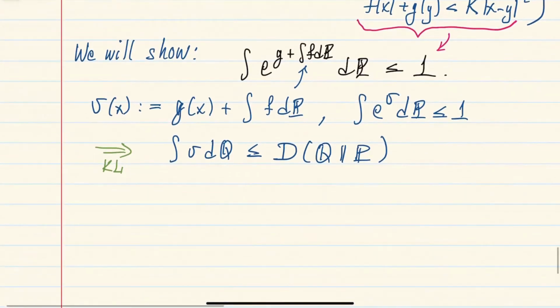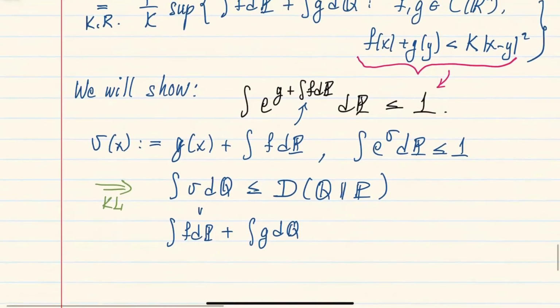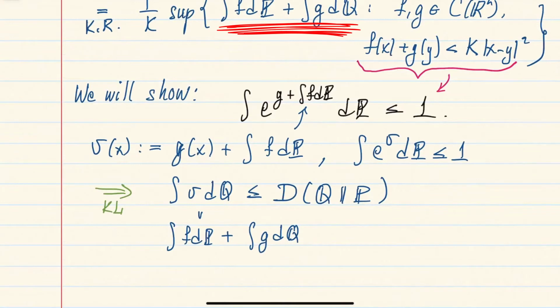But the integral on the left hand side here is just the integral of f with respect to p plus the integral of g with respect to q. Okay, so that's exactly the quantity that we are trying to maximize on the right hand side of this Kantorovich-Rubinstein theorem. Okay? And so in other words, for any pair f and g, the condition together with this variational representation implies that the sum of the integrals is bounded by this Kullback-Leibler divergence.